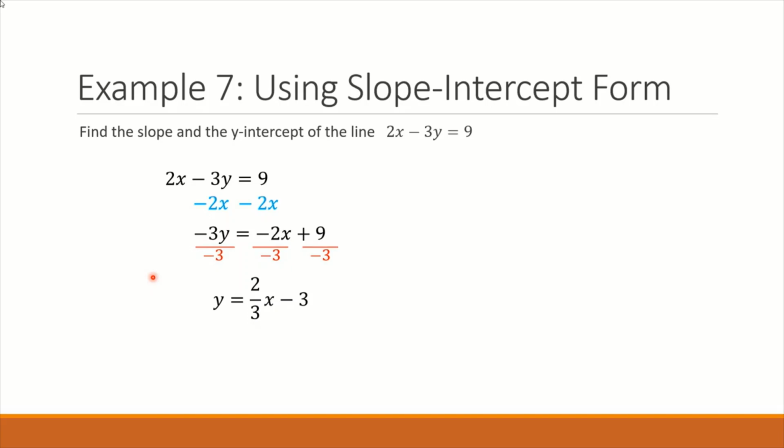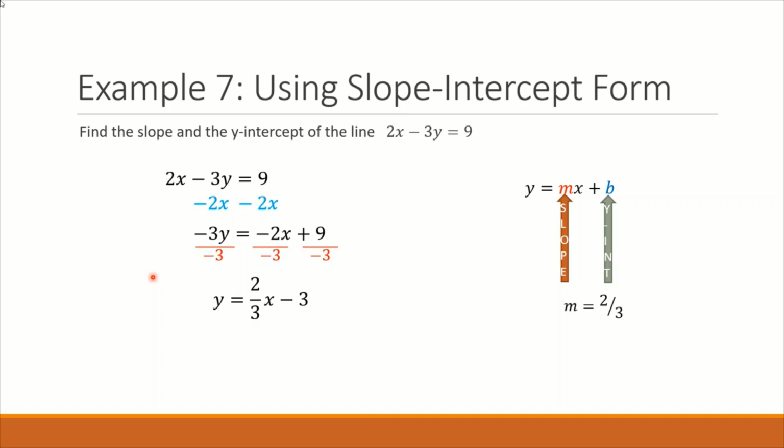So now it's in slope-intercept form, which is y equals mx plus b, where m is your slope and b is your y-intercept. So just by looking at it, you know what the y-intercept is and what the slope is. Here the slope is 2/3.